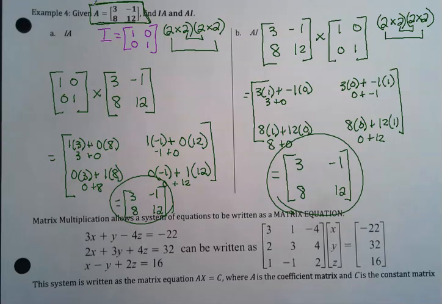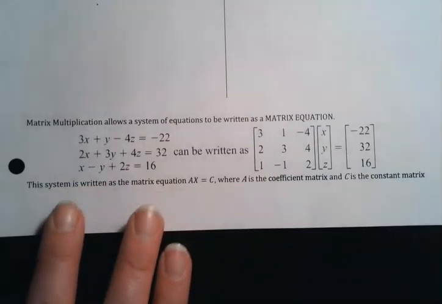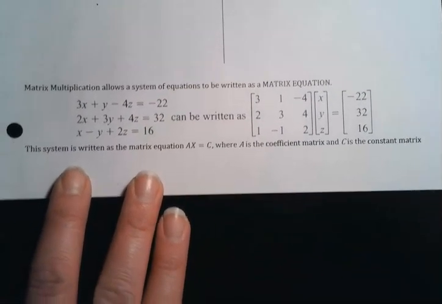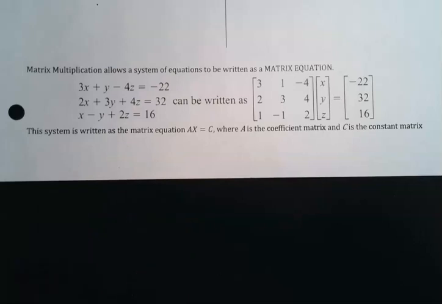Okay, now let's get into that last part, solving or representing a system of equations using a matrix. All right, so matrix multiplication allows a system of equations to be written as a matrix equation, which is going to be pretty helpful as we get further and further in. So we have 3 equations in this system.